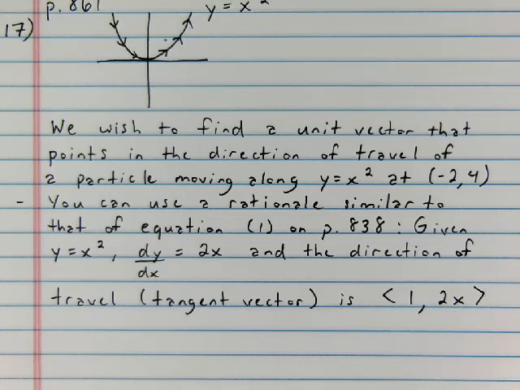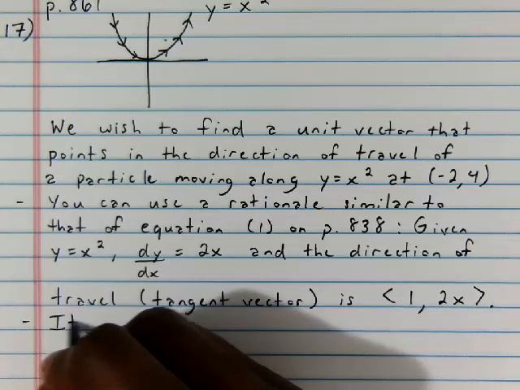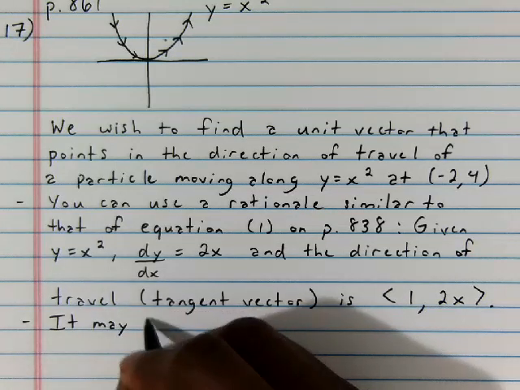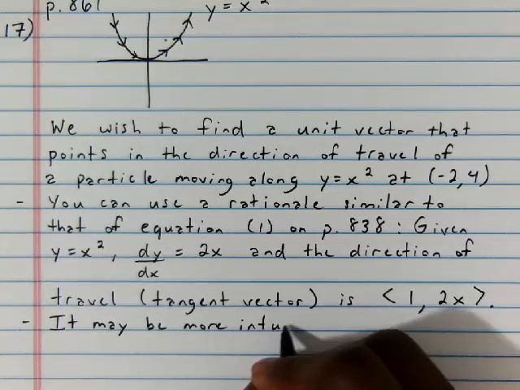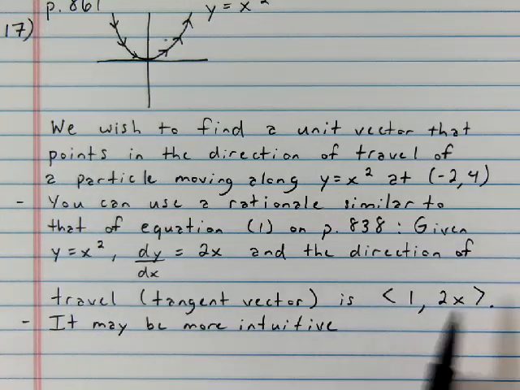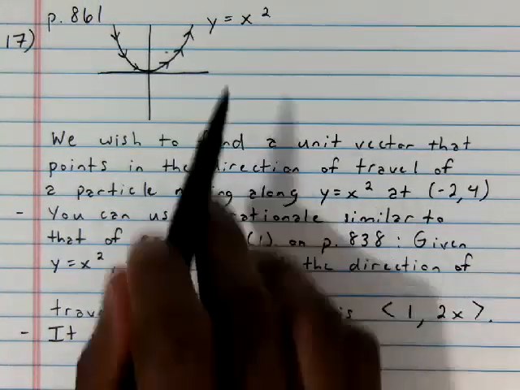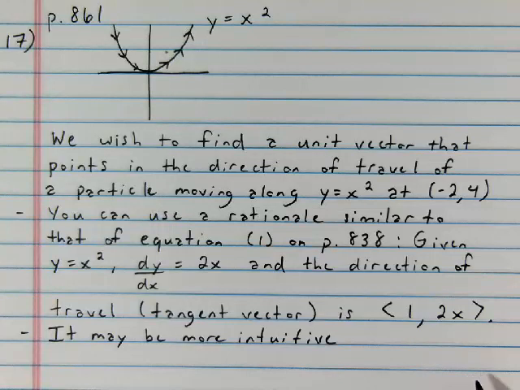Now, another way that might be more intuitive, or that you may be more accustomed to, is if we just took this and parametrized it and then had an r of t, and then just took r prime of t.